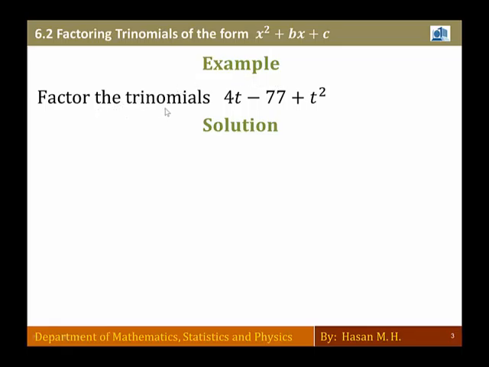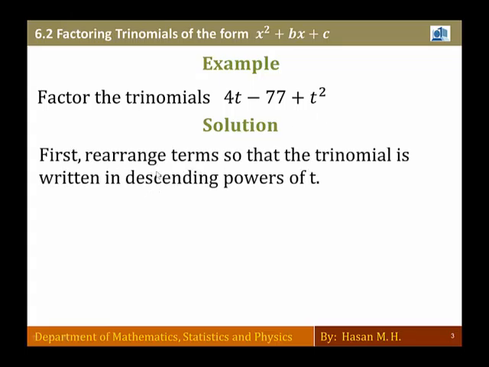Example: factor the trinomial 4t minus 77 plus t squared. Before we factor, we need to rearrange the terms so that the trinomial is written in descending powers of t. So 4t minus 77 plus t squared equals t squared plus 4t minus 77.